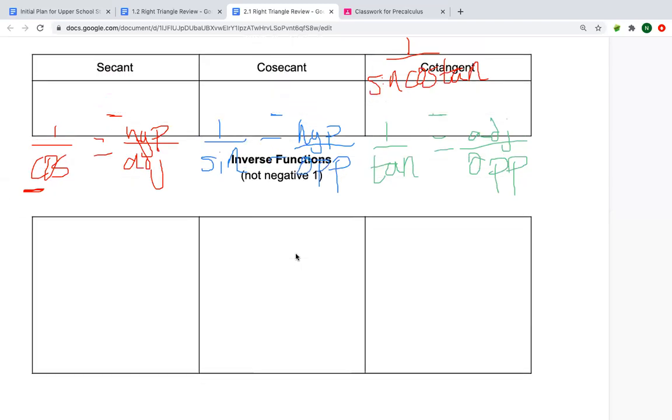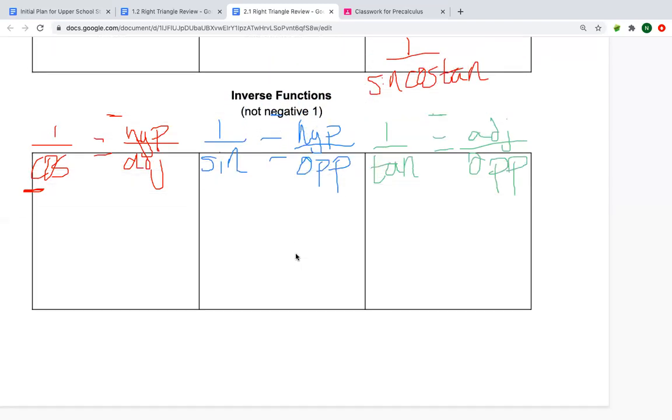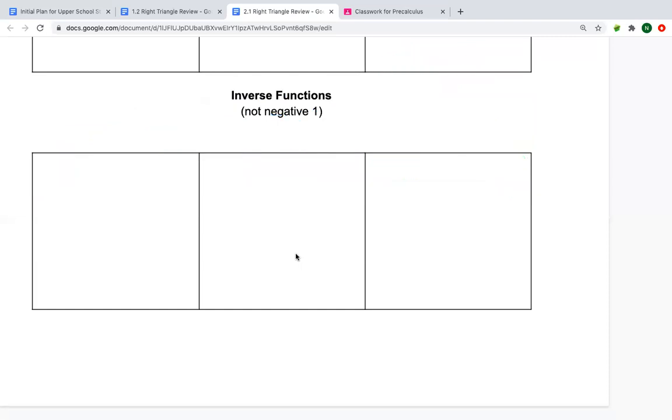And then the last one is inverse functions. I bet y'all have seen these. If not, just let me know. But so an inverse function looks like you have sine inverse of an angle. Have y'all seen that before? Yes.